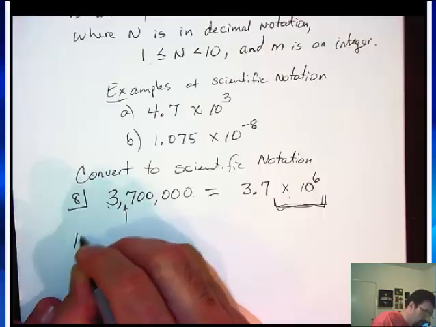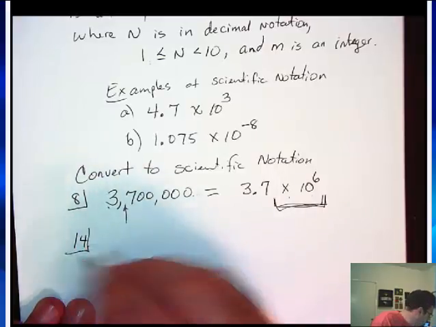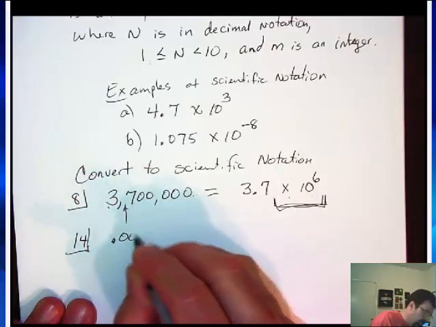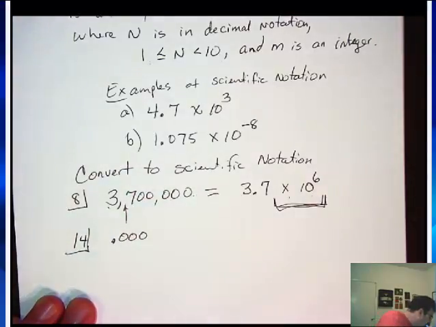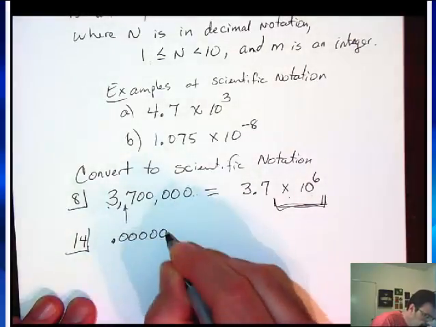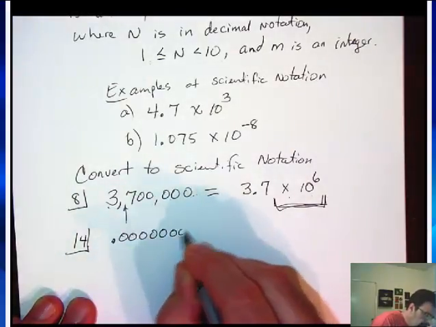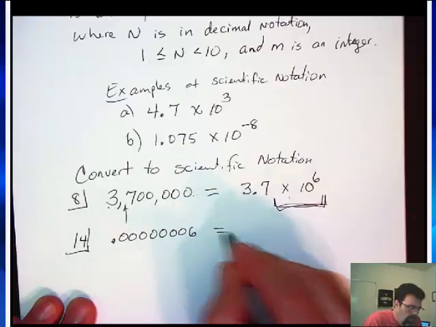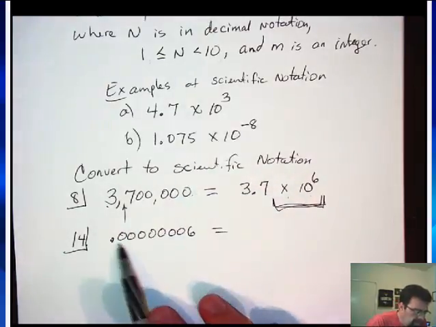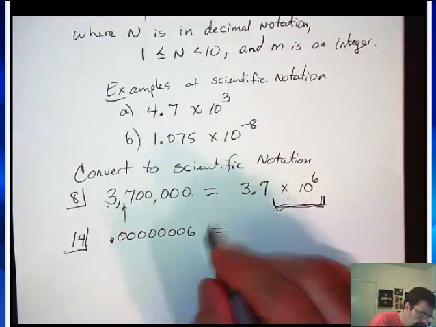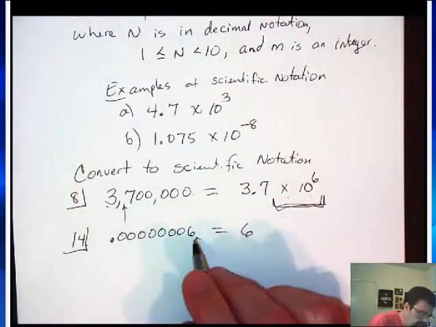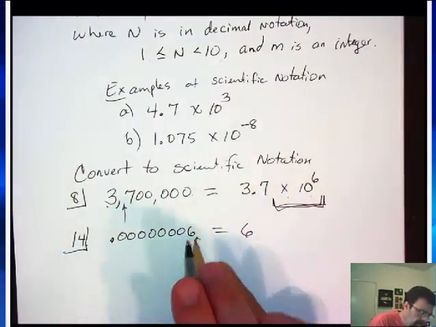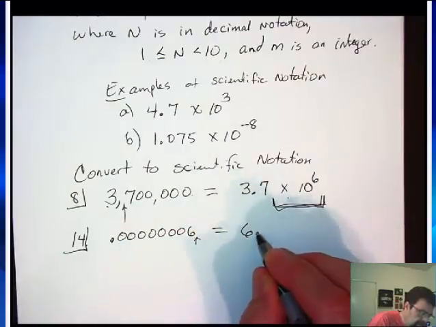Number 14. Okay, there's 7 zeros. Again, I'm going to move the decimal point to the right of the first number that's not 0, so it goes here.